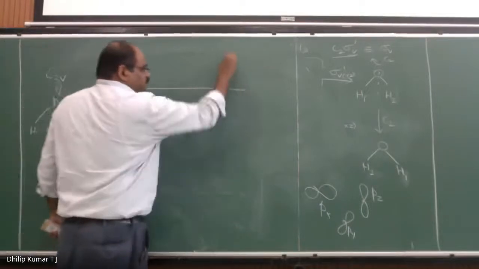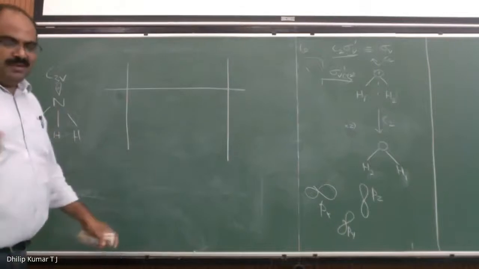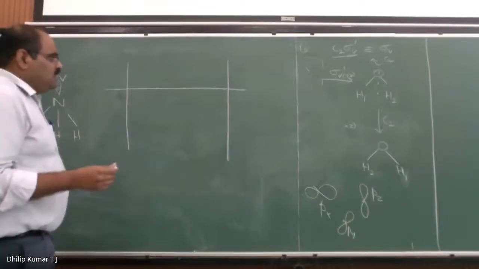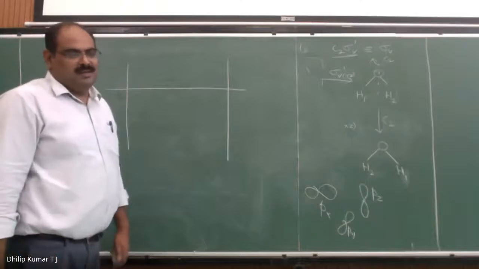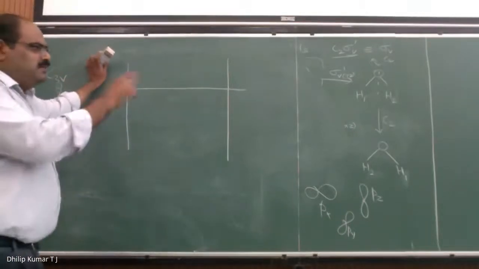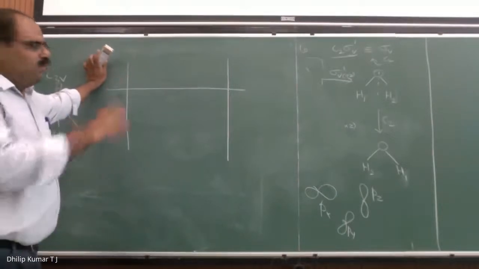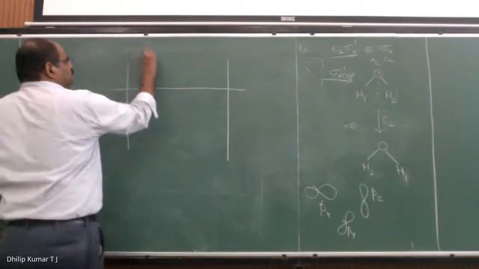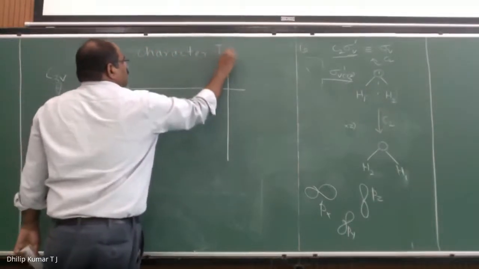If you have seen a quantum chemistry book, like McQuarrie or any other book, at the end of the book, before the index, before the bibliography, you'll find various tables of point groups. For each point group, there will be what is called a character table.